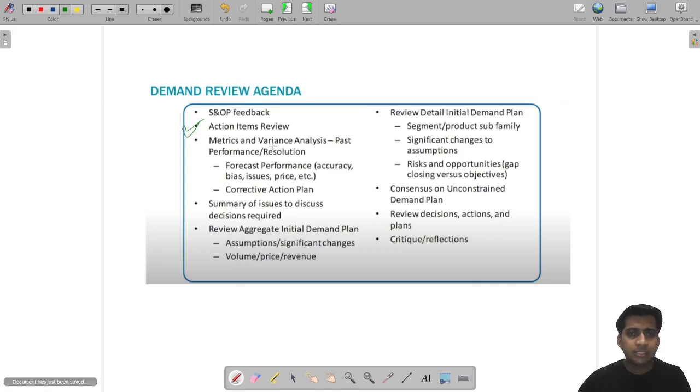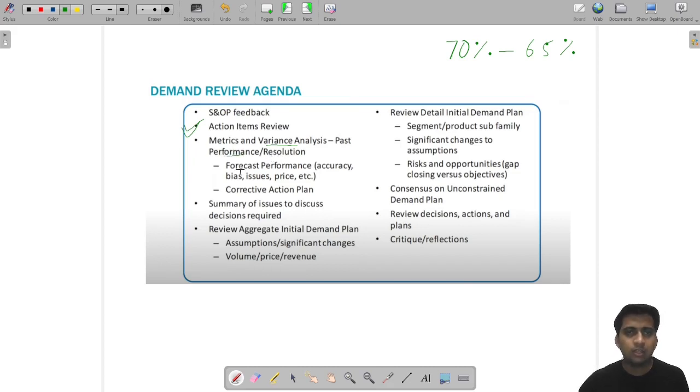Along with metrics evaluation, we should also discuss why there is a variance in a certain metric. For example, a forecast accuracy which was 70% last month has dropped to 65%. What has contributed to this reduction of 5% in forecast accuracy? That variance in different demand review KPIs needs to be discussed. Basically, it's a kind of performance review and what the resolutions can be.